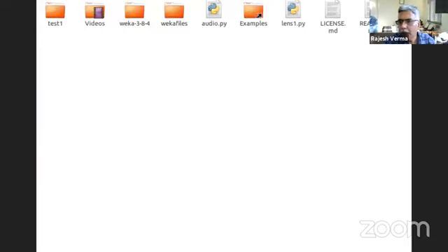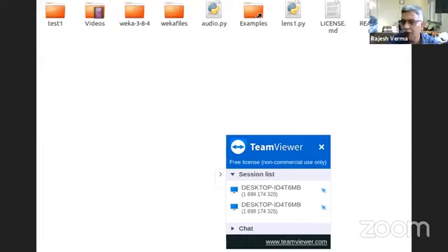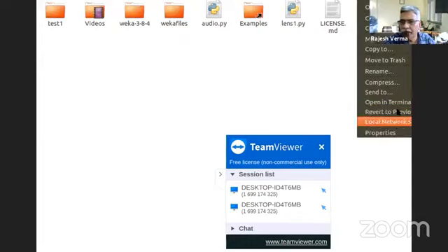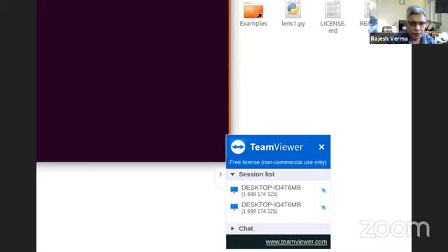So we have an automatic speaker recognition system that we developed in collaboration with IIT Mandi, and basically it is not a very advanced system, but it uses Gaussian mixture models. And I'll show you how it works. Are you seeing this terminal also? Yes, sir. Okay.